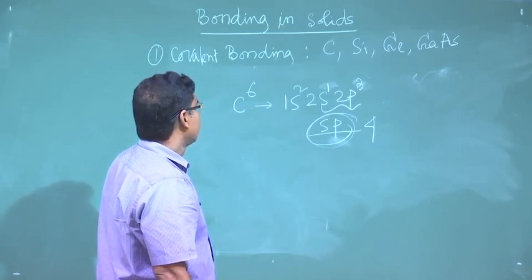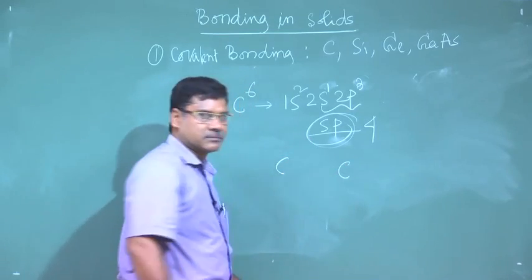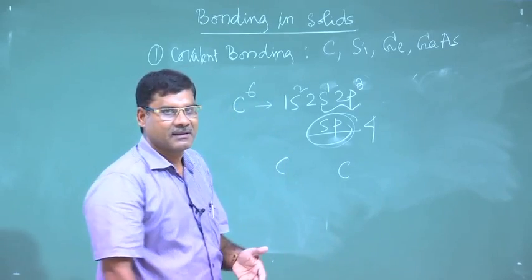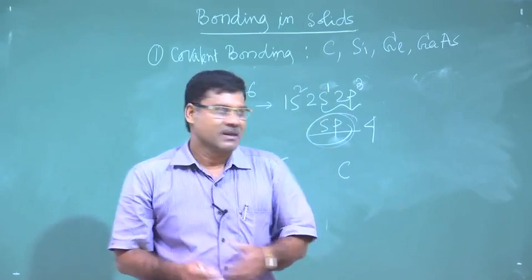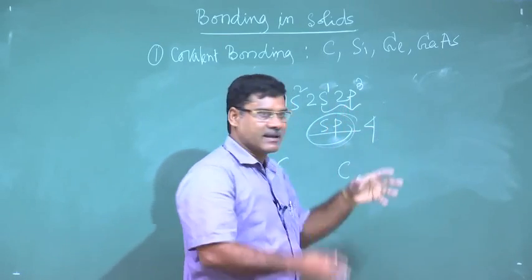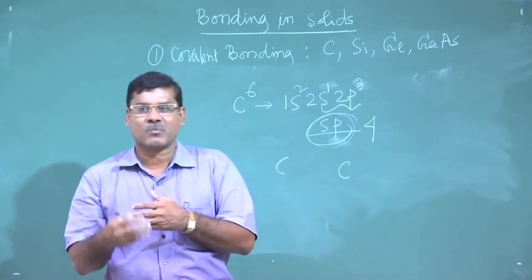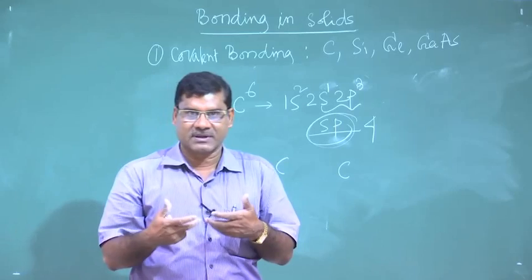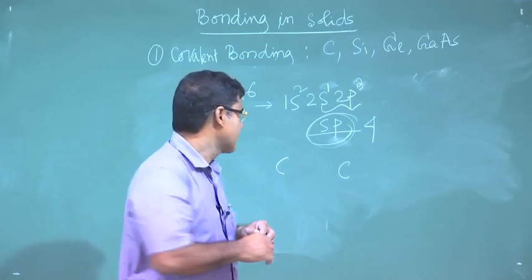Now, if 2 carbon atoms come closer, as per the octet rule, they prefer to have 8 electrons. In sp3 hybridization they have 4 electrons, so they will try to have 4 more electrons. Then they will feel more comfortable, a more stable configuration.